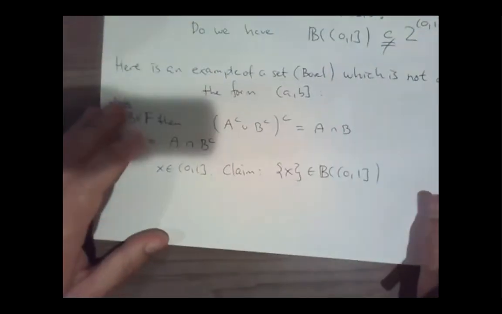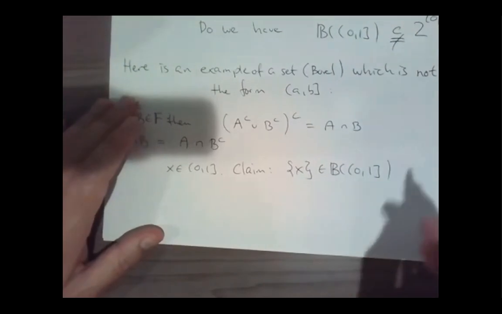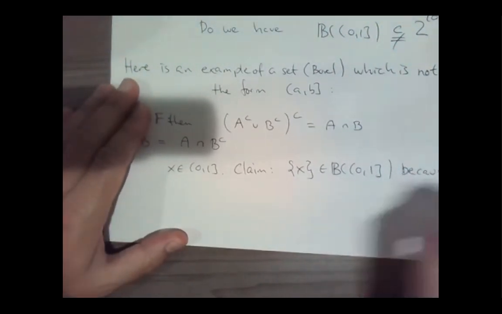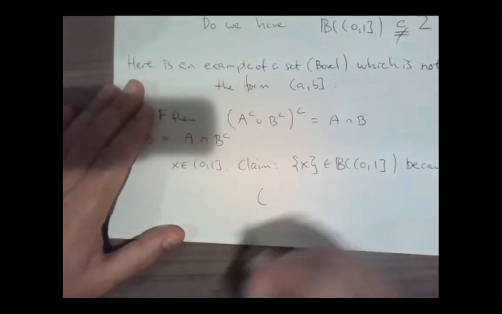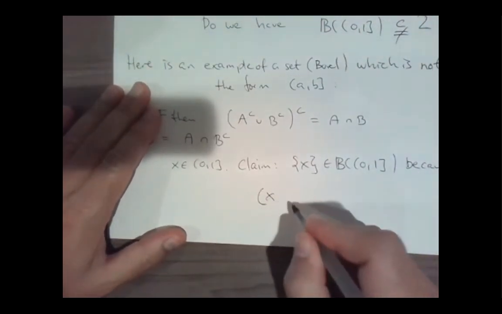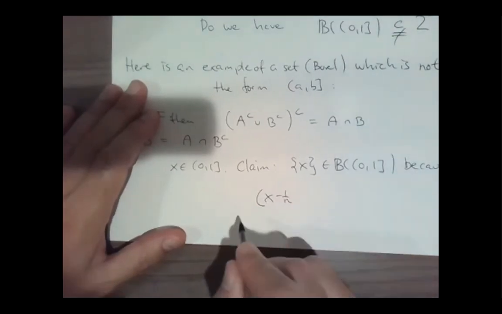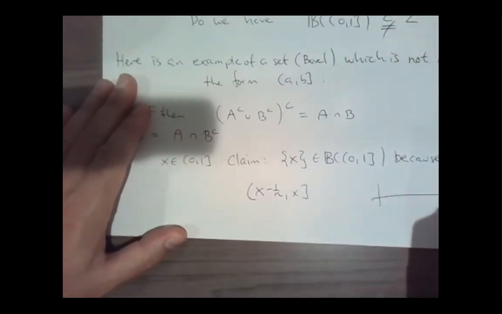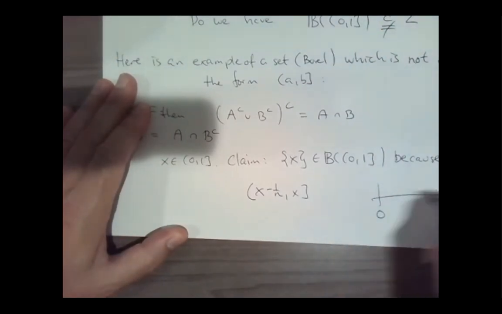But what I can do is take these half-open intervals and subtract a little bit, going up to x. So I have my line from 0 to 1, open here, closed here.